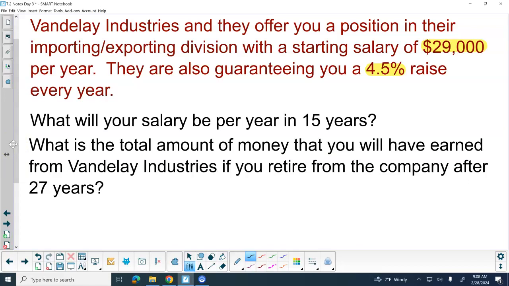Why is it geometric? Because it's a percentage. Yeah, because it's a percentage, and that percentage builds off of the previous year. It's not always like $450. If it was a $450 raise every year, then that would be arithmetic. Okay, so geometric. So let's come up with a geometric rule.